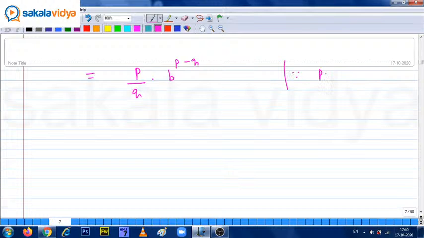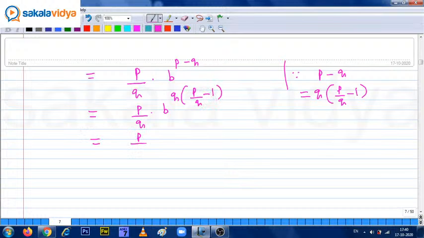For example, from p minus q, if you take q common, what do you get? P by q minus 1. Am I correct? If you open up, you will get p minus q. So this is equal to p by q and b to the power of q times p by q minus 1. This we can write as p by q times b to the power of q, all to the power of p by q minus 1.